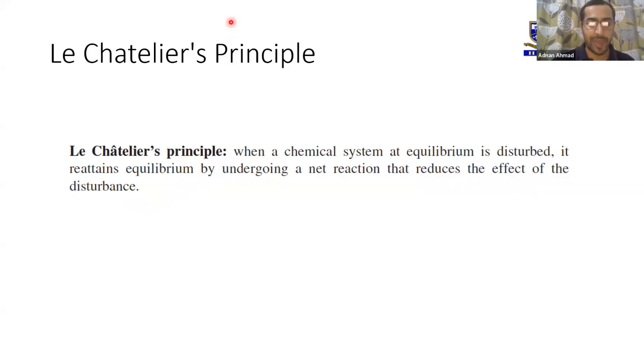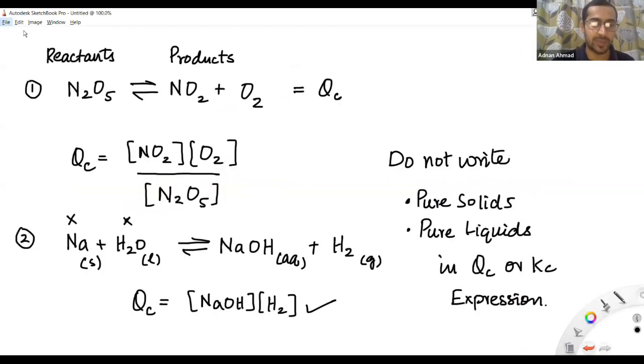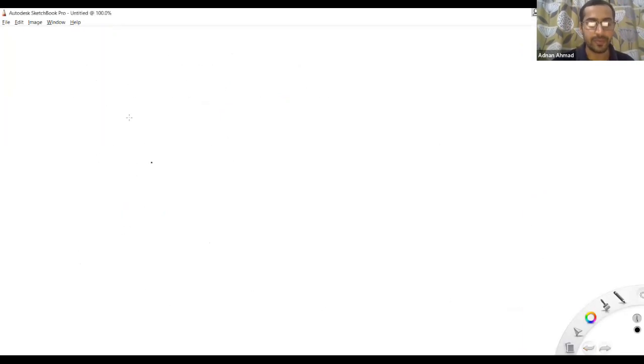Let me take you back once again to the whiteboard and explain this point to you. We have a reaction where A plus B react with each other and we get the products C and D. This reaction is at equilibrium.